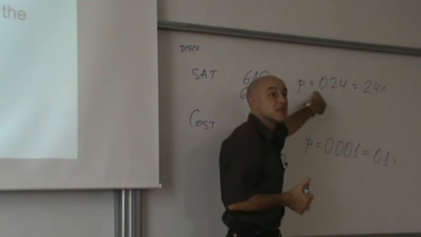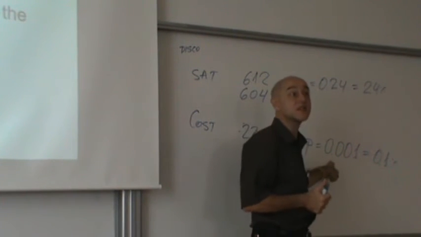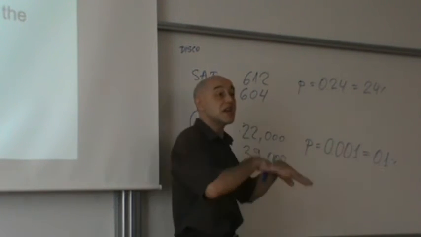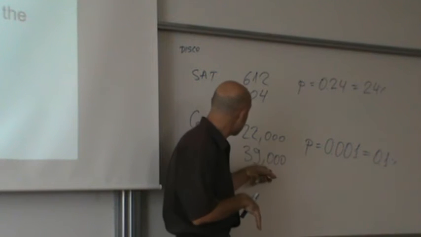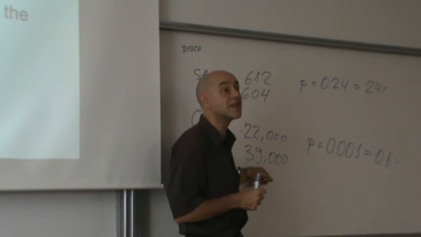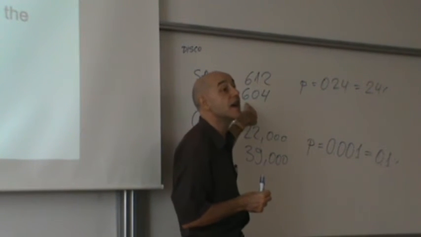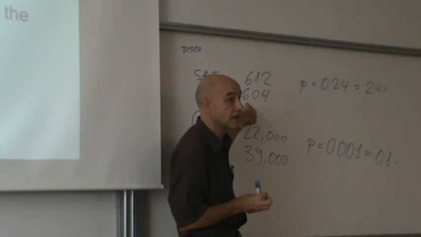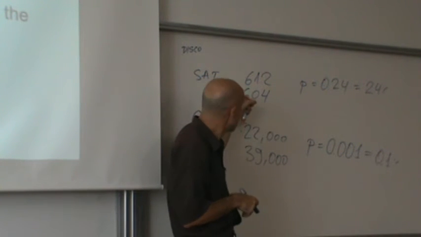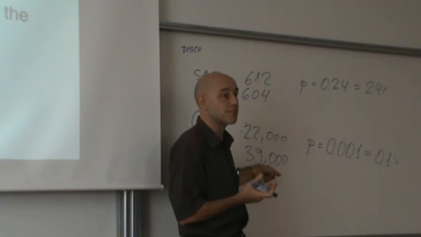Here, the difference is not significant, and here, the difference is highly significant. So, even though this university is twice more expensive, it's not able to attract students with higher SAT. Okay? So, the overall performance of the admission is the same, even though this university is twice more expensive.